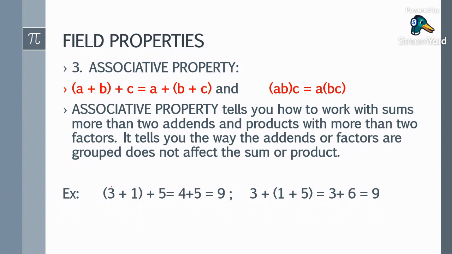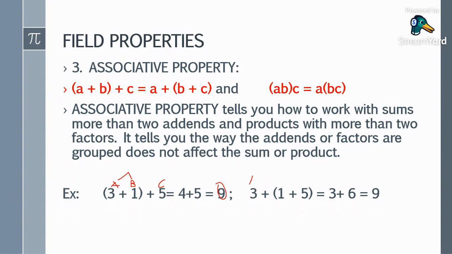The quantity of 3, this is A, plus 1, this is B, plus 5. If we add 3 plus 1, the answer is 4, plus 5, equals 9.